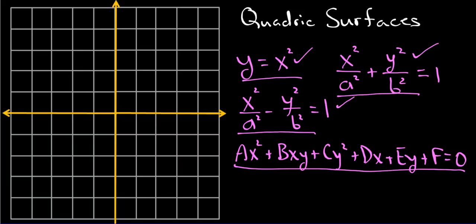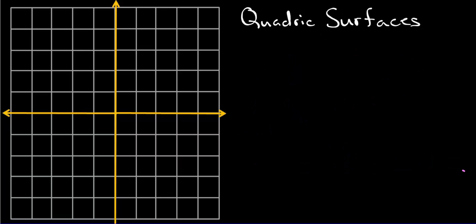Well, now we're going to go to the third dimension. These were things that we investigated in the plane. But let's think about what would happen if, instead of y equals x squared, we had three dimensions and z equals x squared plus y squared.